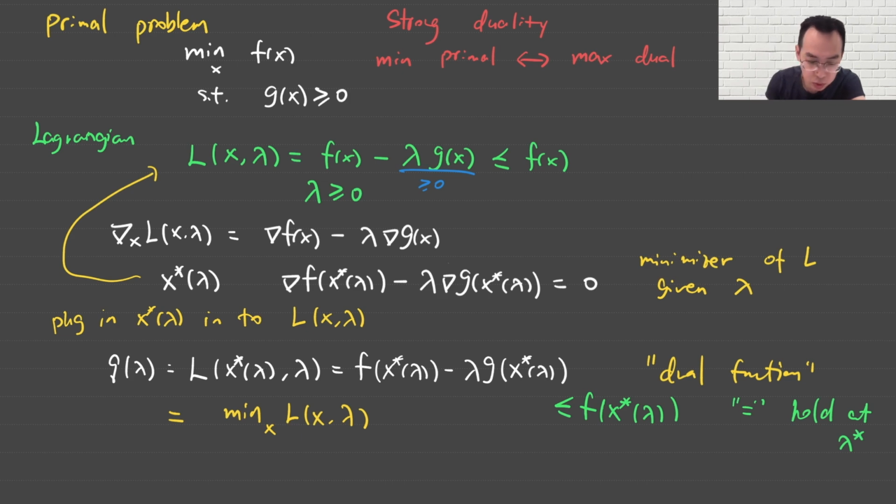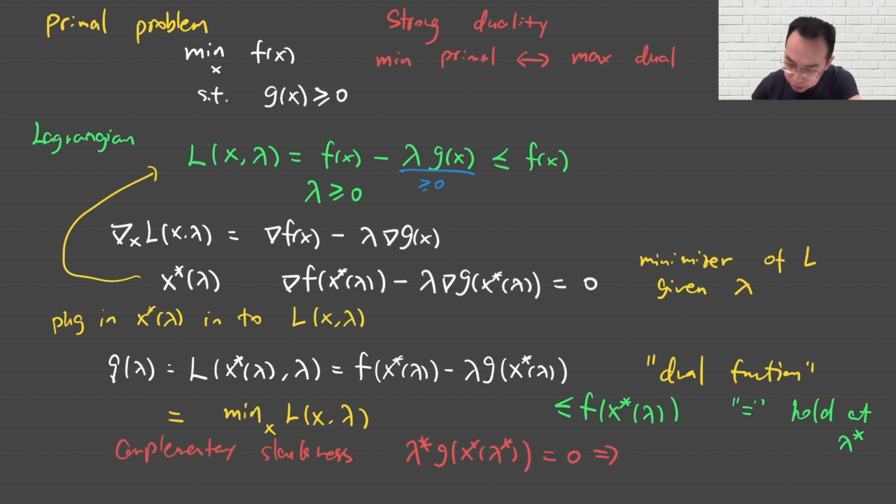All right, so see here, because the second term is positive, when we set that to 0, it's the same as the complementary slackness of the KKT. The complementary slackness of the KKT is saying that lambda star times g of x star of lambda star equals 0.